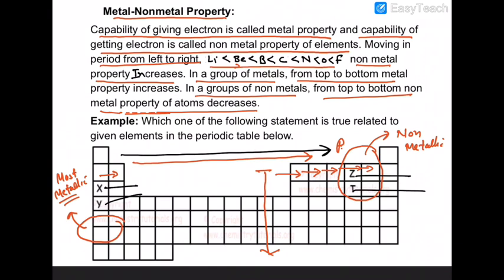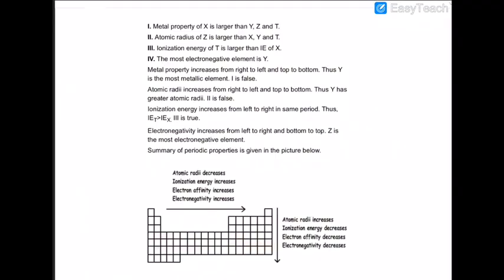Now the question has been asked on X, Y, Z and T. If you look at that very carefully, X and Y belong to the alkali metal series. So X is sodium, Y is potassium, Z is oxygen and T is sulfur. Now metallic property increases from right to left and top to bottom.